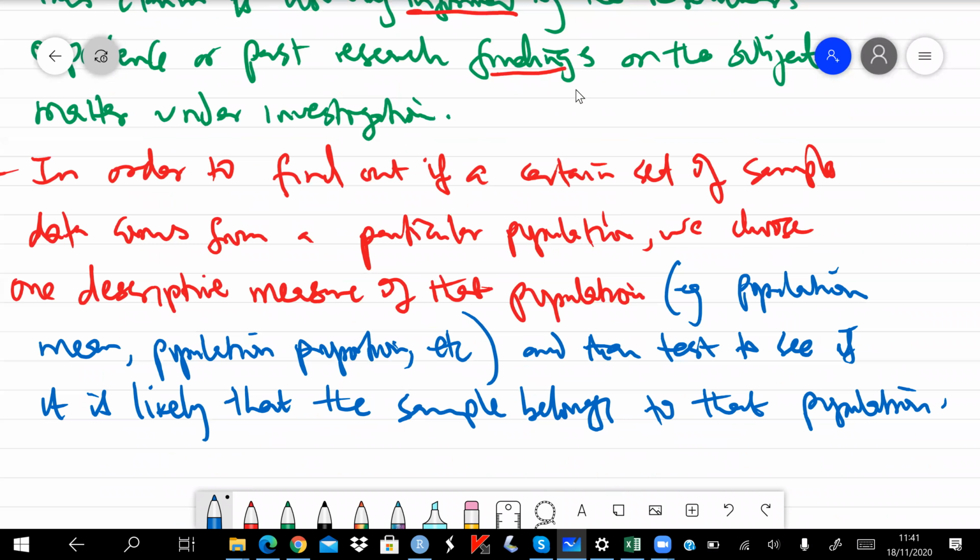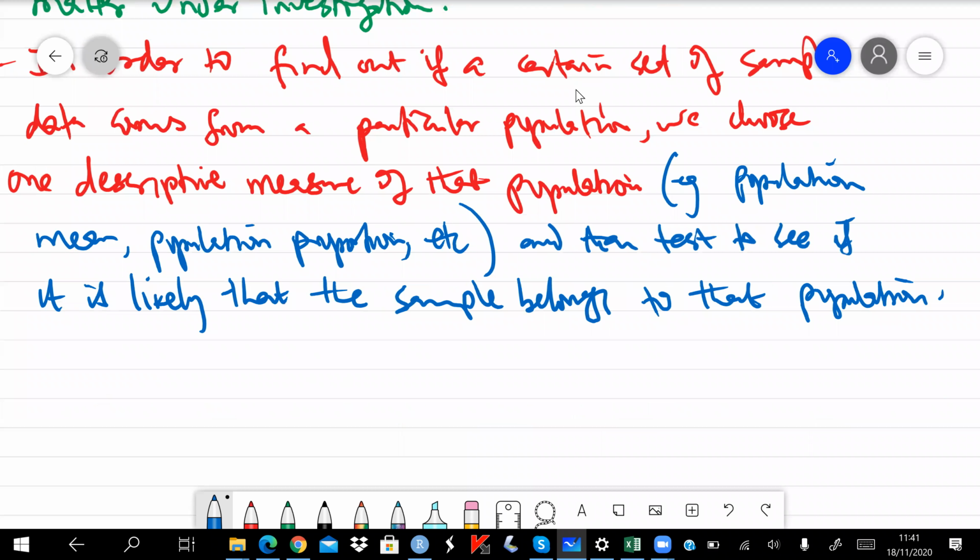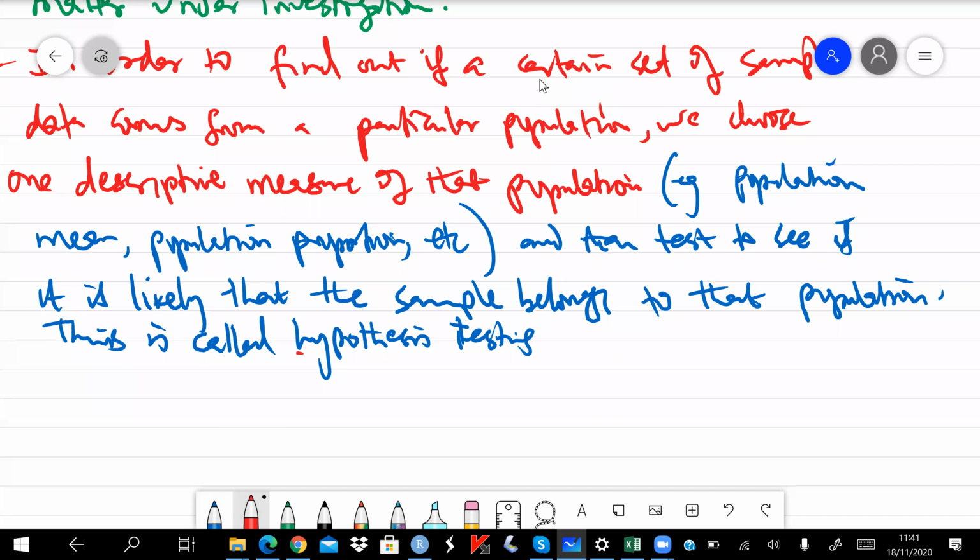Now, this is what we call hypothesis testing. So you make the claim, then you pick a sample, you compute the corresponding statistic, and then you check whether that sample seems to come from the hypothesized population.